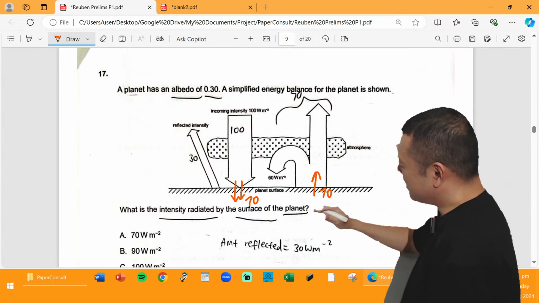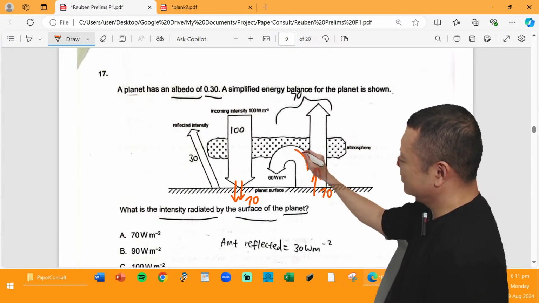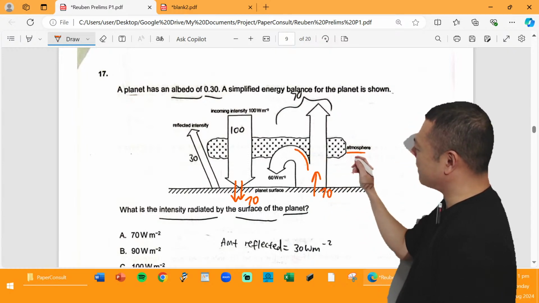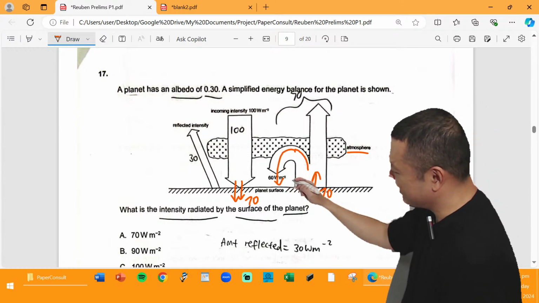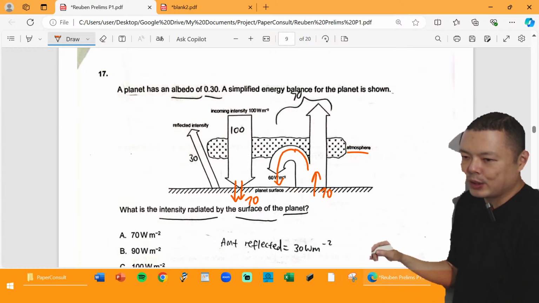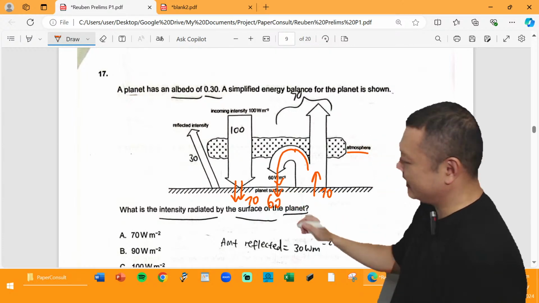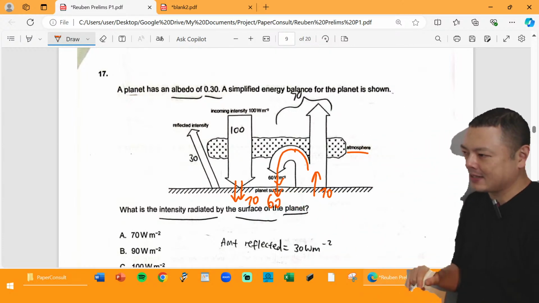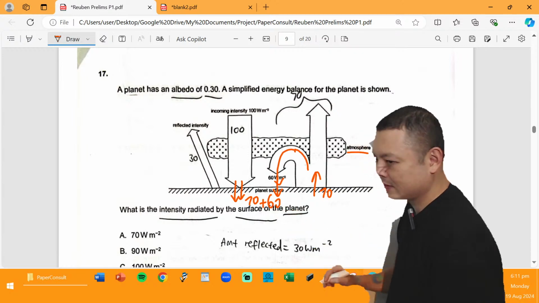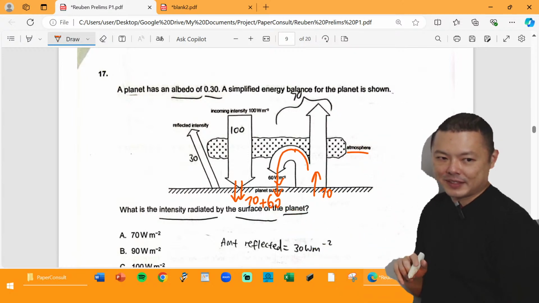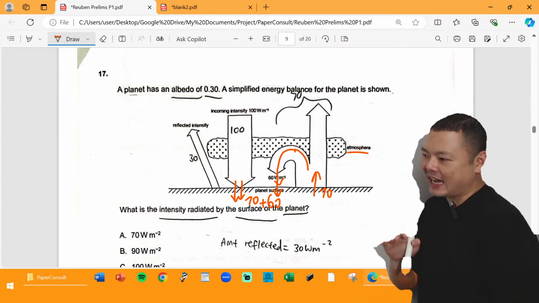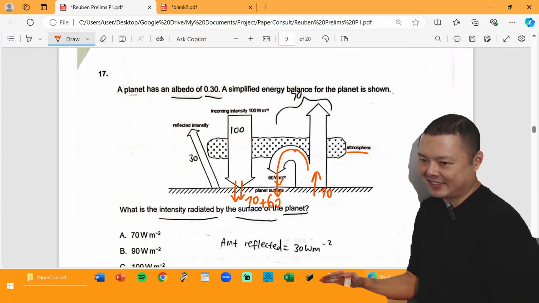But when you emit out the 70, some of which is absorbed by the atmosphere and re-radiated back inside. So if you look at it, actually the total that the surface receives is 70 plus 60. Did you get what I mean? Inclusive of the atmosphere's re-radiation.